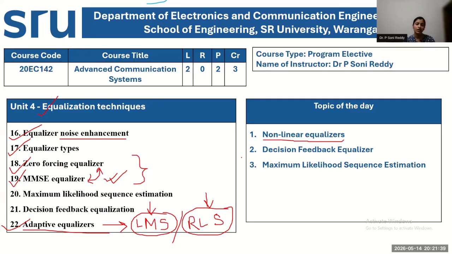In non-linear equalizers, you have two different categories. One is called decision feedback, and the other one is called maximum likelihood sequence estimation equalizer. So these two are the only topics left for discussion. In our next lecture, we are going to discuss these. This is all for today.